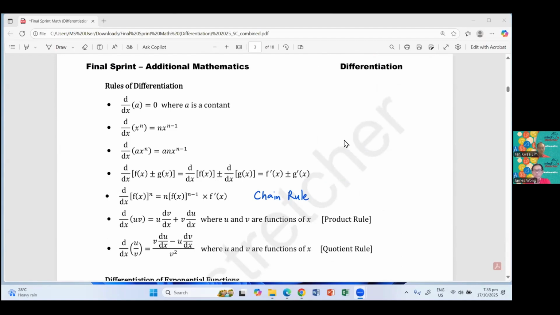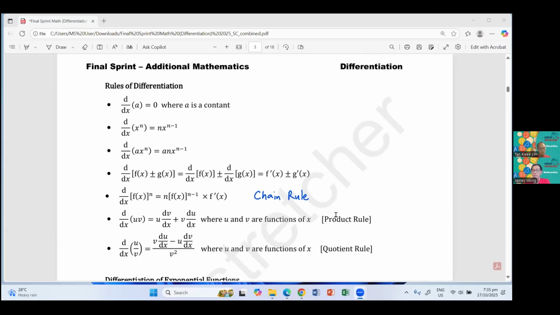These are some of the basics that we need to be very familiar with before we head on to the questions themselves. You would have got this in your worksheet as well. So let's run through this. For certain rules, we will also have a simple example that I will show you as well.